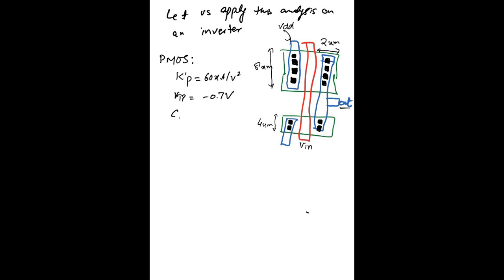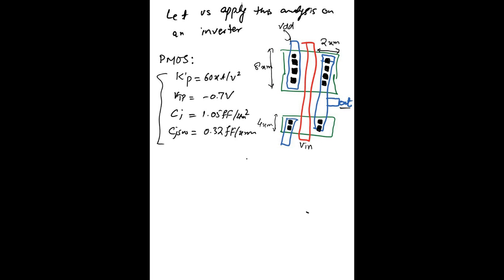Then we have CJ, which is equal to 1.05 femtofarad per micrometer square. And then we have CJSW, which is equal to 0.32 femtofarad per micrometer. So all these parameters are for our PMOS.